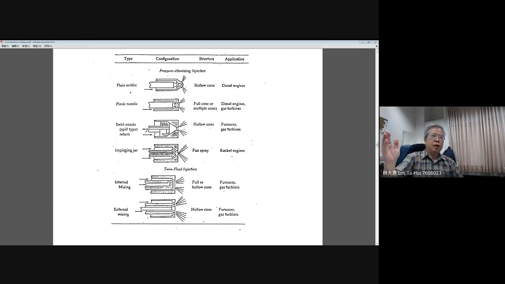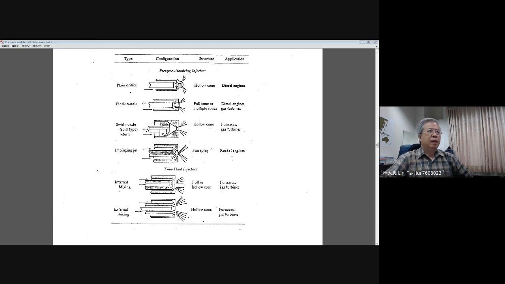But if you move the pintle to the left-hand side, that means you allow all the liquid to fill the whole cross section of the tip surface of the injector, then you will produce the so-called full cone or solid cone spray. Okay, now this is a typical application for a diesel engine or gas turbine engine.